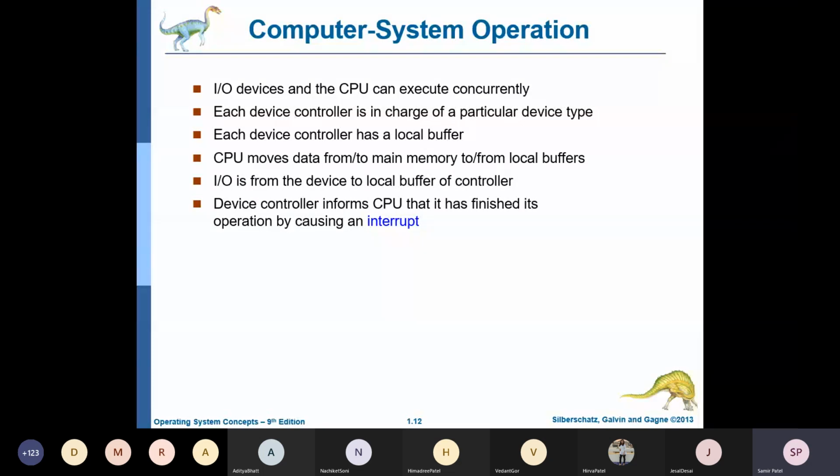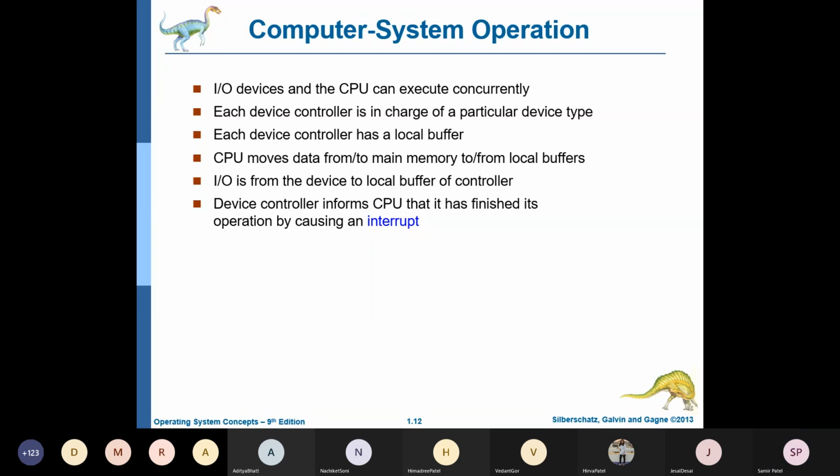So with the help of multi-programming concepts, your operating system will schedule another job which is CPU hungry, right? There could be two types of processes. One is IO bound processes, another is CPU bound processes. There has to be a mix of both these types of processes, CPU bound and IO bound, inside the operating system.